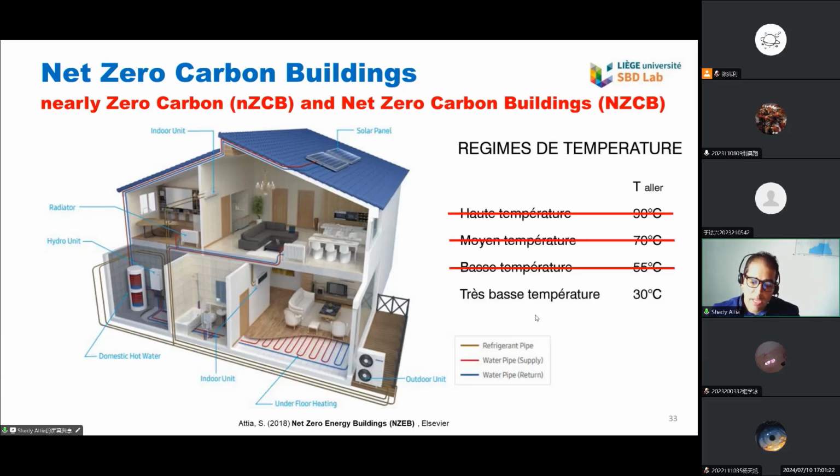So the challenge that all mechanical engineers will be living in the coming future is that they will not use anymore the high temperature systems that are up to 90 degrees or the average temperature systems of 55 or 70 degrees Celsius. Today, we just need 30 degrees Celsius water temperature in my hydronic water loop in the building.